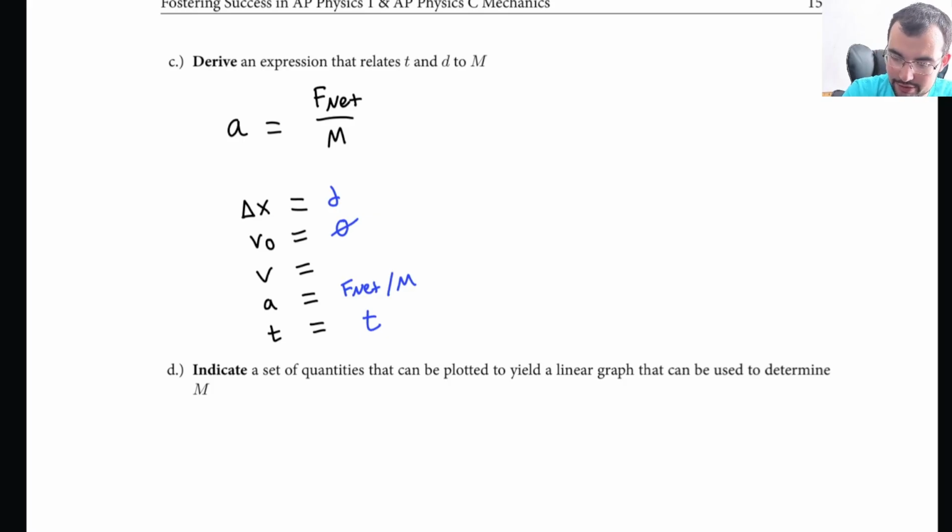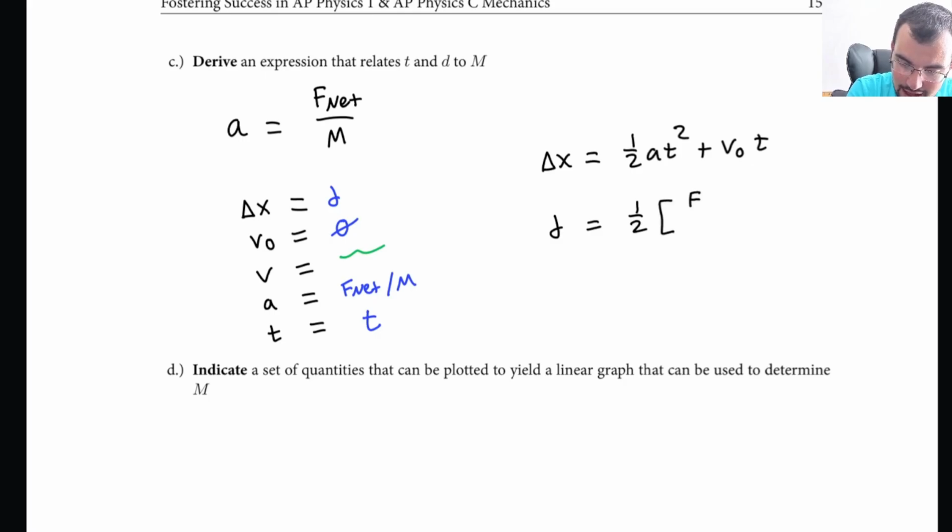So notice we have our three things, right? Kinematics, we need 1, 2, 3 things. So we can relate them with an equation. And the vf-less equation is delta x equals 1/2 at squared plus v0t. So that would give us d equals 1/2 times a, which was F net over m, times t squared plus 0, v0.